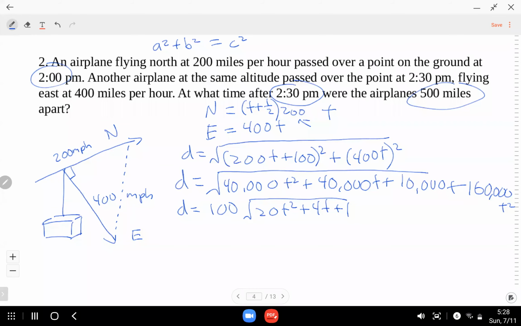You get 200,000 t squared, and then you take off the 10,000, square root that, and put it outside the square root. So now you have a simplified equation.